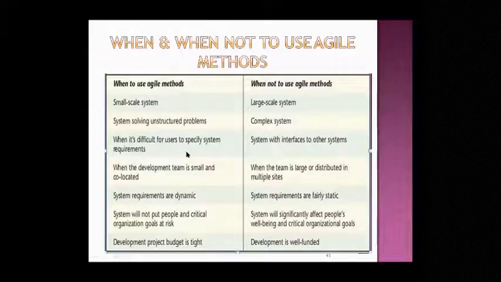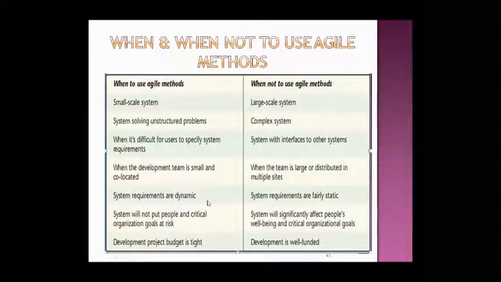You can use it when it's difficult for users to specify the system requirements. But if you already have interfaces with other systems, don't use the Agile. When the development team is small and co-located, you can use the Agile. But if you have a large team, no need.